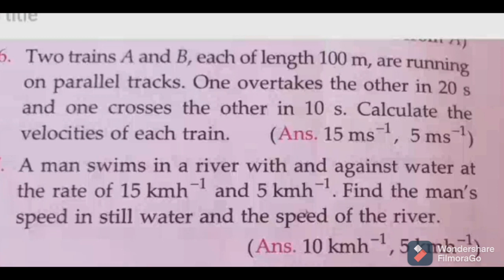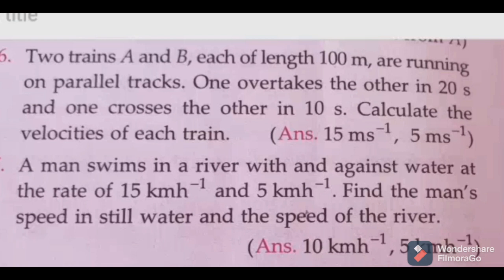In this case, they have not given the distance directly. Each train is of length 100 meter, so the distance becomes 200 meter, 100 for each train. Now, when one is overtaking the other, what will be the relative velocity? Arushi, when one train overtakes the other, will it be u plus v?